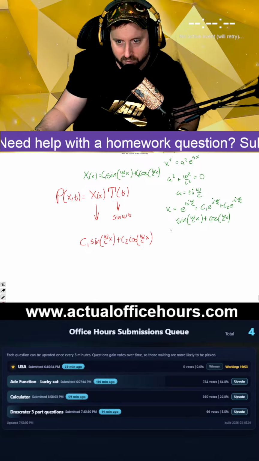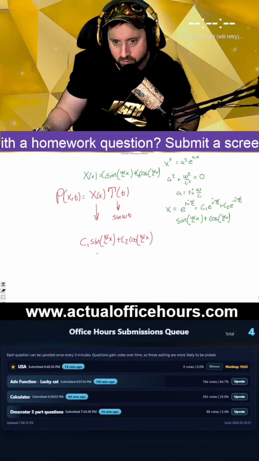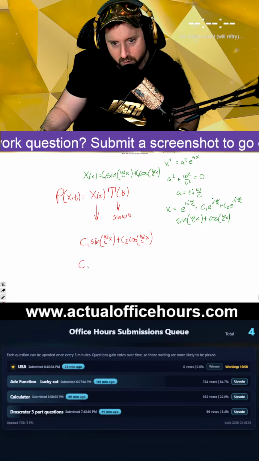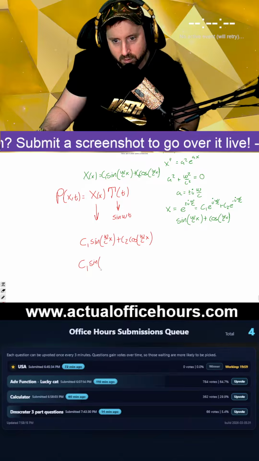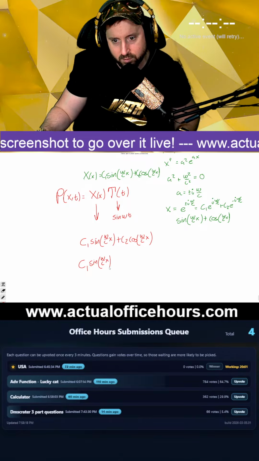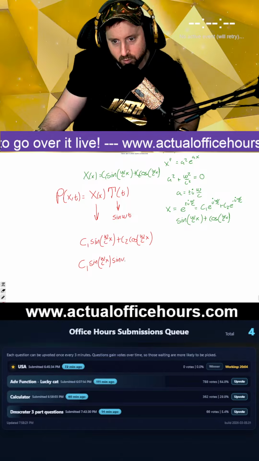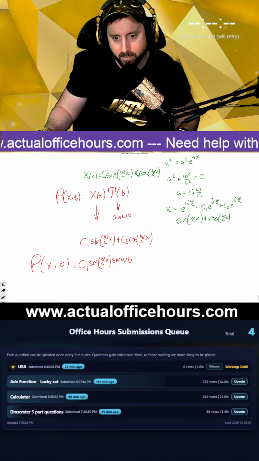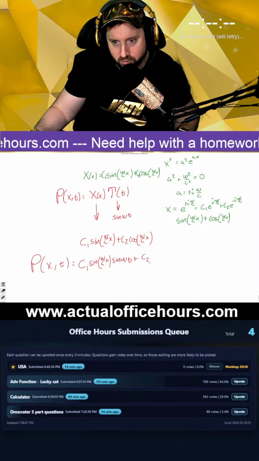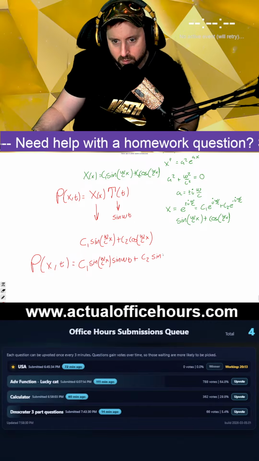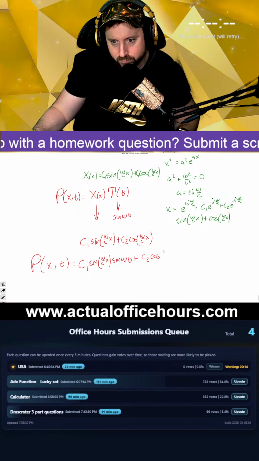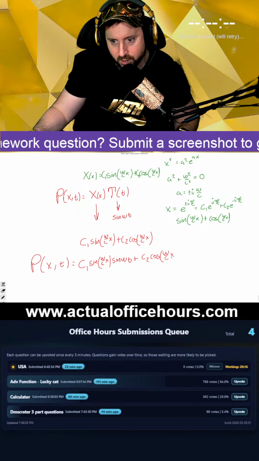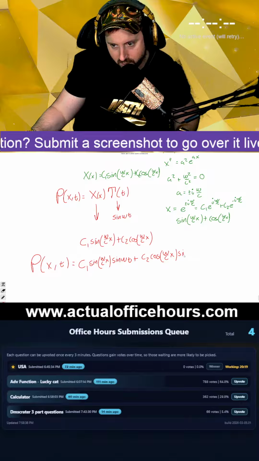But then I'm multiplying by this as well, right? So then I have sines, I have combinations. So I have C1 sine omega over c x sine omega t plus C2 cosine omega over c x sine omega t.